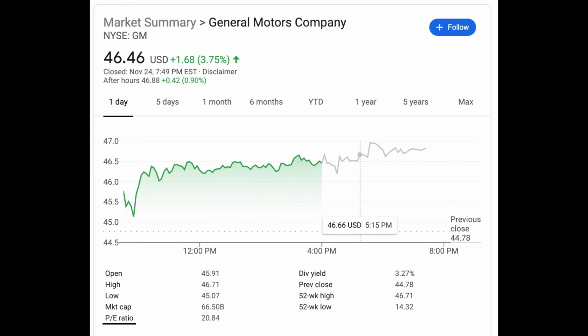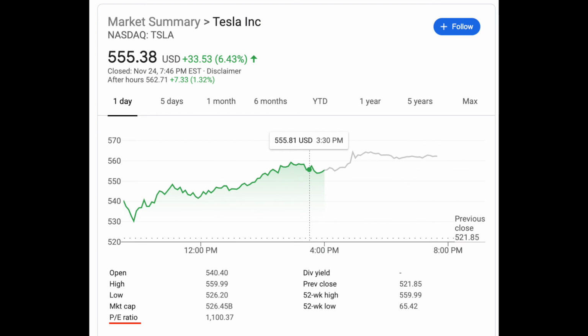This is why, for example, General Motors stock only has a PE ratio of about 20.8, whereas if you look at Tesla, their PE ratio is 1,100.